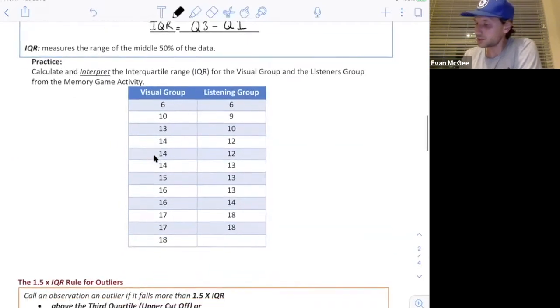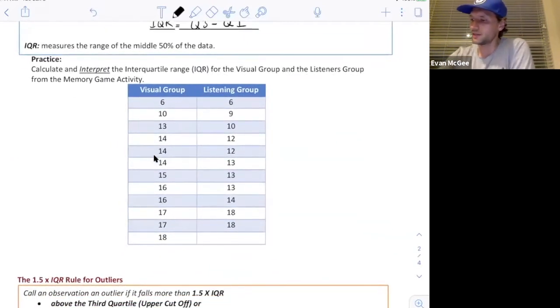So let's look at the same data set that I have here. And we've already found the median to be the average of 14 and 15. So what we want to do is find the middle of this first half, and then we'll find the middle of the second half. So Q1 is going to be the middle of these 1, 2, 3, 4, 5, 6 values.